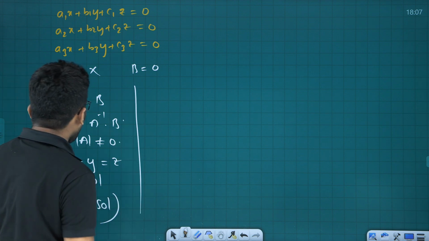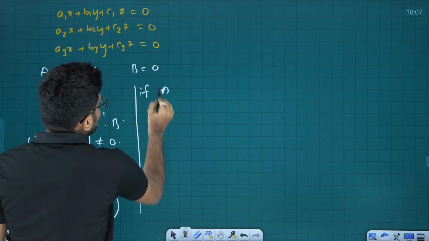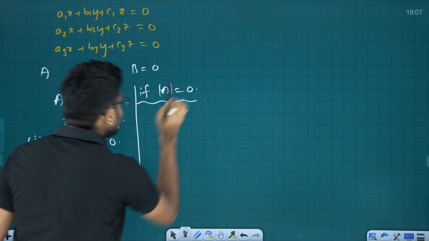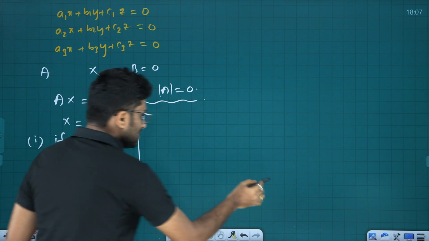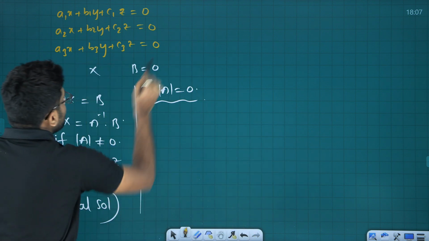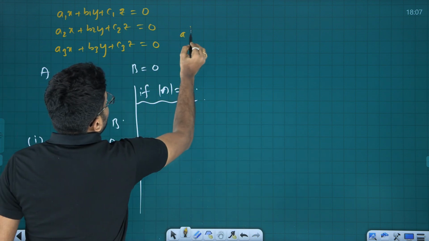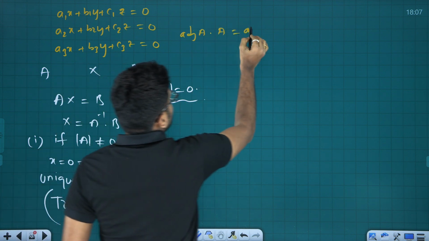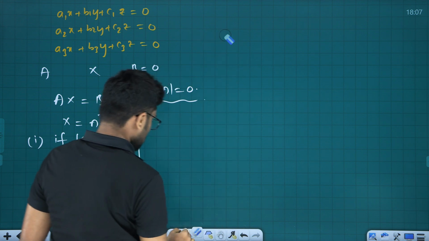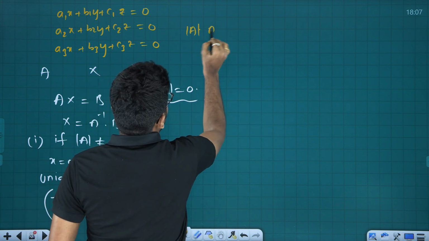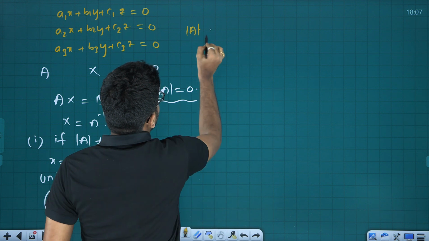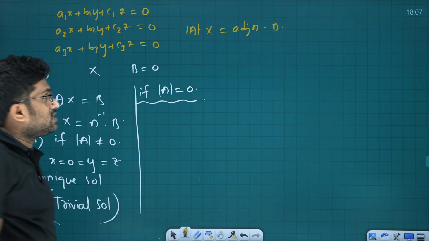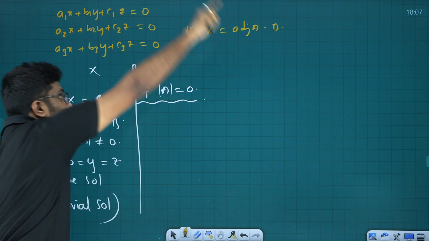Suppose second case, if det A is 0, in that case in general what we have is adjoint A into A is equal to det A into I, so adjoint A into B. If det A is 0, generally we don't take det A to the other side.